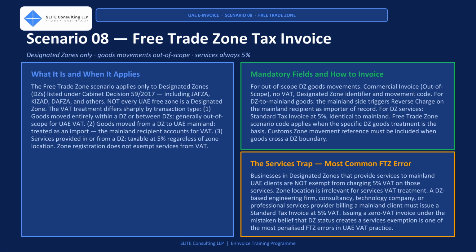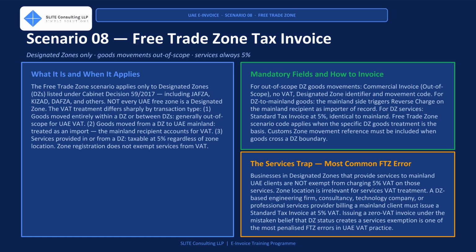Goods moved from a DZ to UAE mainland. Treated as an import, the mainland recipient accounts for VAT under reverse charge as importer of record. Services provided in or from a DZ. Taxable at 5%, regardless of zone location. And that last point is the most penalized FTZ error in UAE VAT practice.